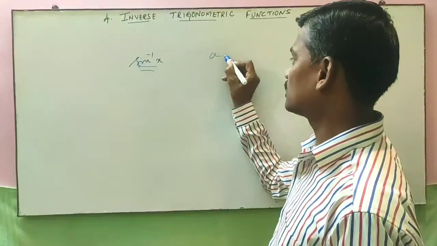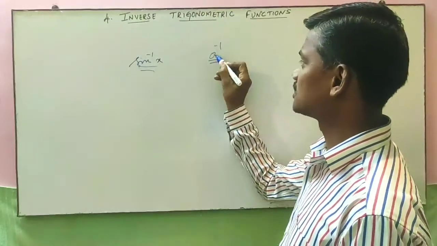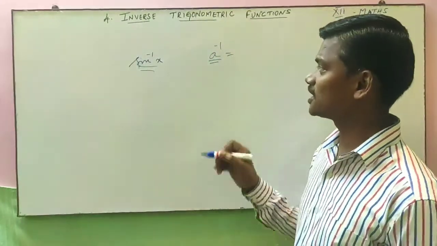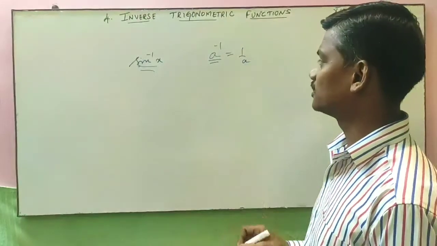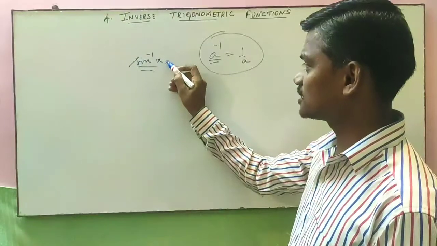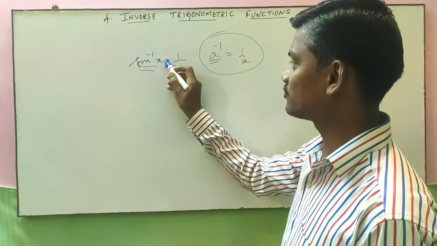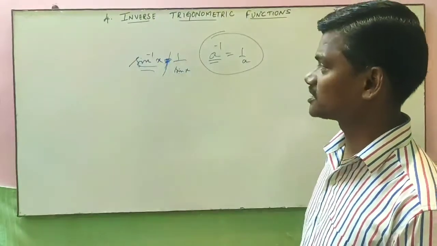You studied in the lower classes that A inverse is written as 1 by A. But don't write this as 1 by sin x. So sin inverse of x is not equal to 1 by sin x.